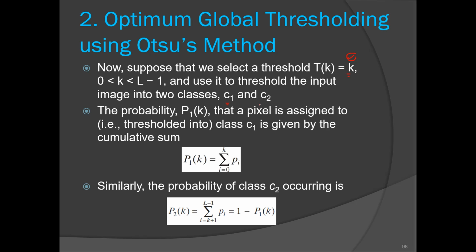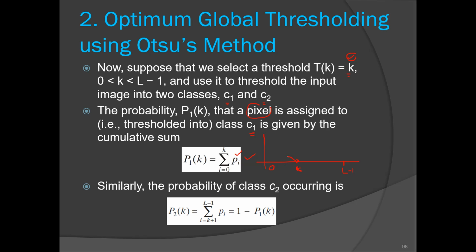Now we have obtained two classes, C1 and C2. Let us calculate the probability P1(k) that a pixel is assigned to class C1. What is the probability of a pixel assigned to the C1 class? It will be a summation of probabilities from 0 to k. This is our 0, this is our L minus 1, and we have set k as the threshold.